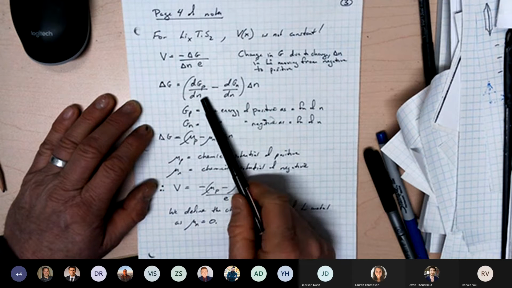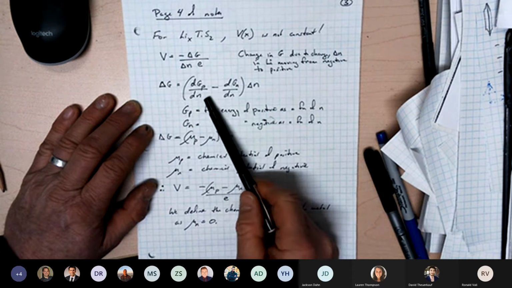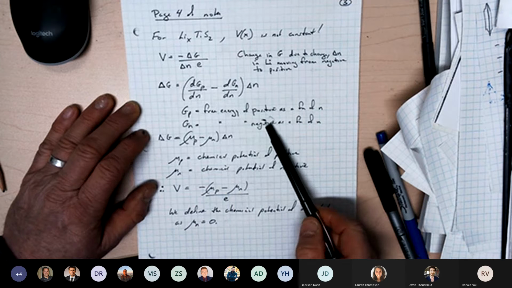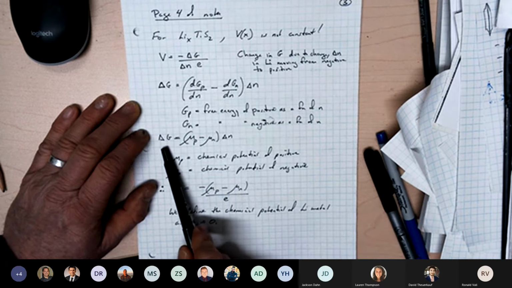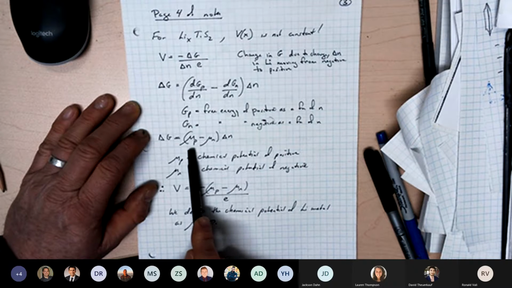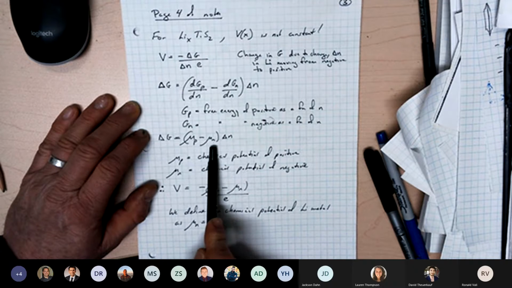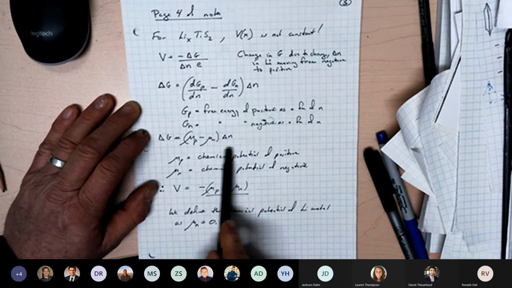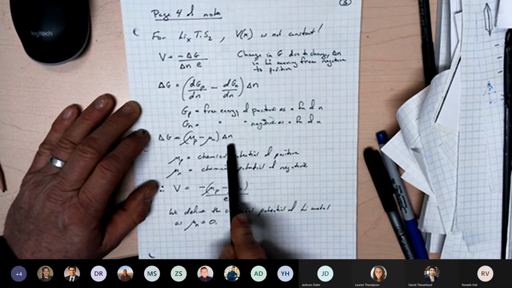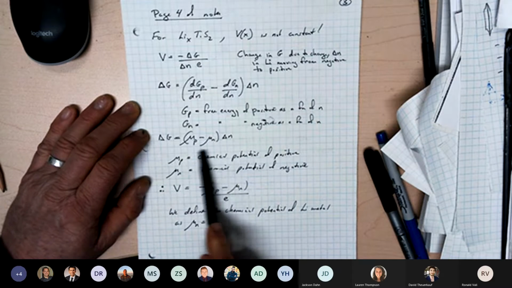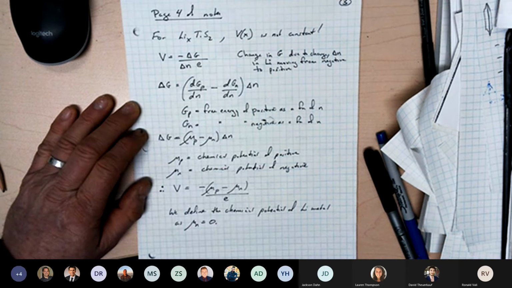And these derivatives, dG/dN, are chemical potentials. So the free energy change is equal to the chemical potential of the positive minus the chemical potential of the negative, multiplied by the number of atoms you move from the negative to the positive. Okay, so that's very simple.